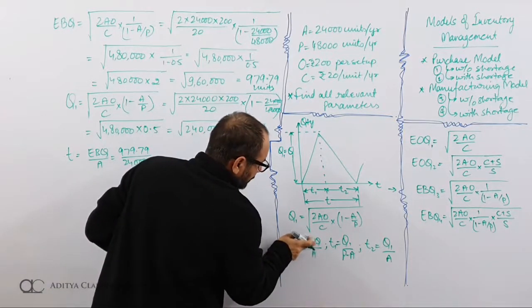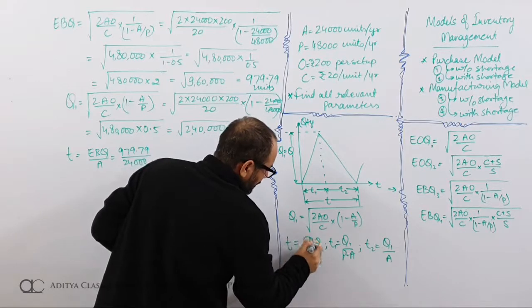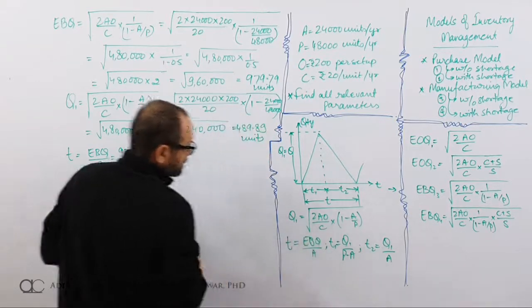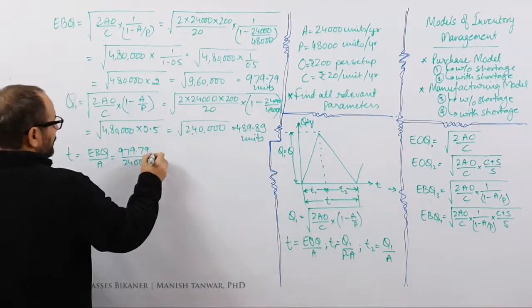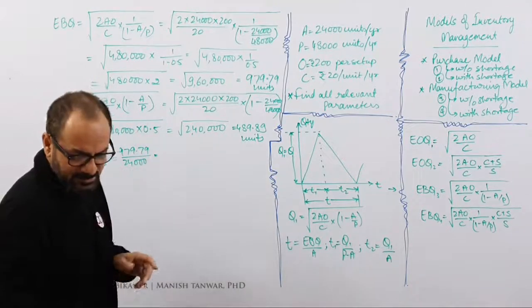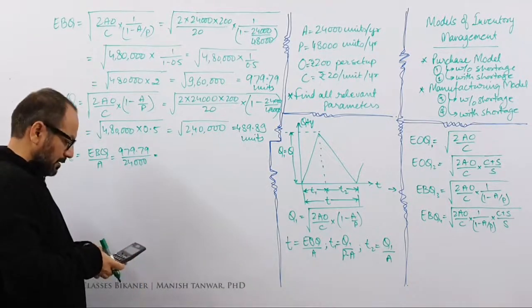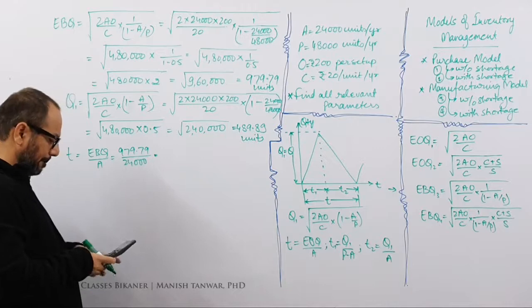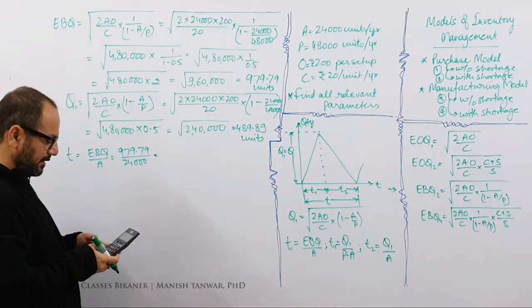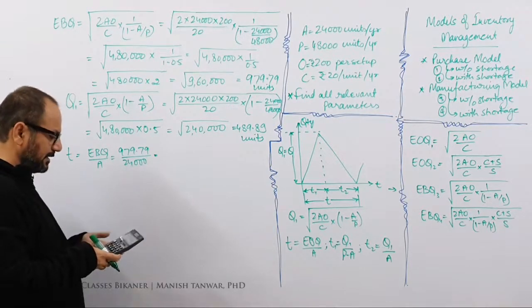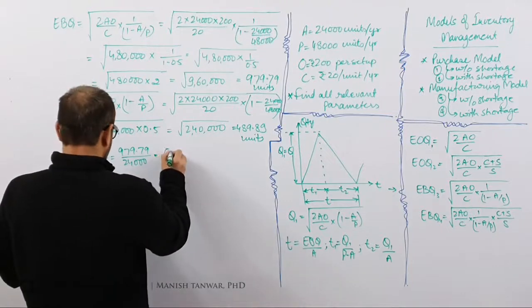Because we are in manufacturing model, it is better to write it as EBQ.